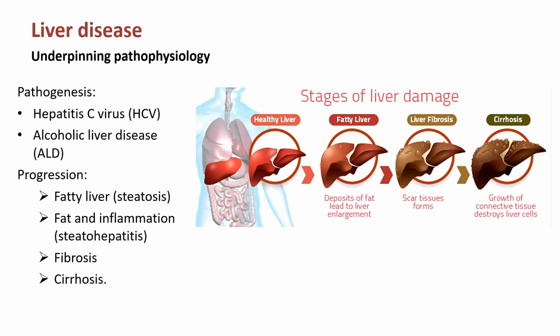Then that moves into a mix of fat and inflammation. That fatty liver stimulates an inflammatory response, of course. So we end up with steatohepatitis. Ultimately, if the cause is not removed, we will now start to go into a really chronic inflammatory situation that results in fibrosis and eventually cirrhosis.